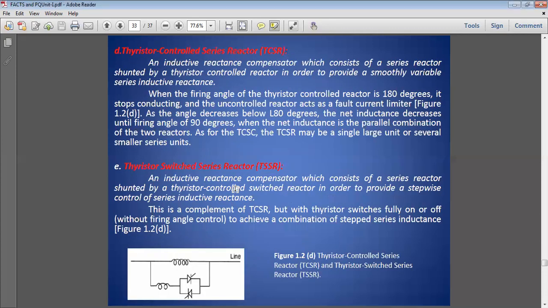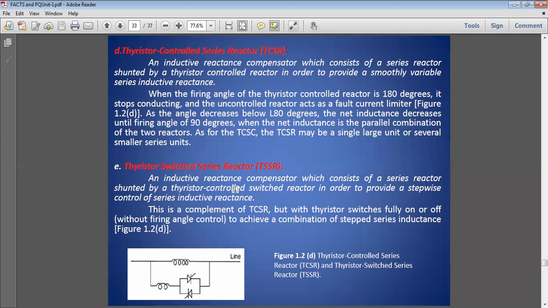Okay. Now, second is the thyristor controlled series reactor. Sometimes it is not only necessary to introduce the capacitor for maintaining the voltage, improving the voltage and increasing the transmission line capacity. Sometimes, because of the Ferranti effect, what is the Ferranti effect?